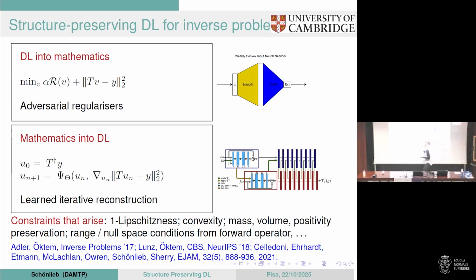And using the neural network or the data-driven component in a plug-and-play fashion, so replacing some parts of this mathematical model with a neural network. Or mathematics into deep learning, which is you model the solution from the outset as the output of a neural network, and you use your mathematical modeling and analysis, numerical analysis skills to design the neural network, so to parameterize the neural network in a way such that, again, you get some solution guarantees at the end.